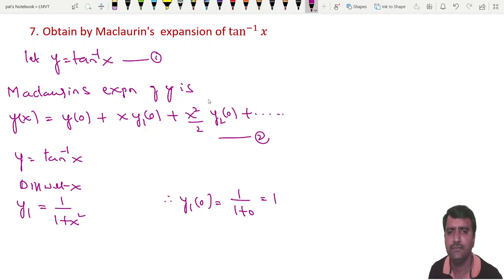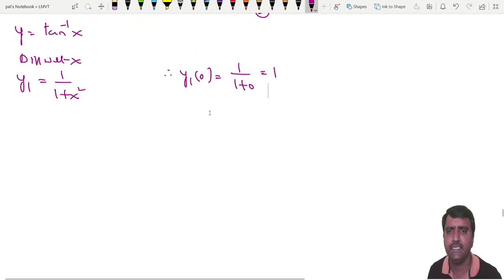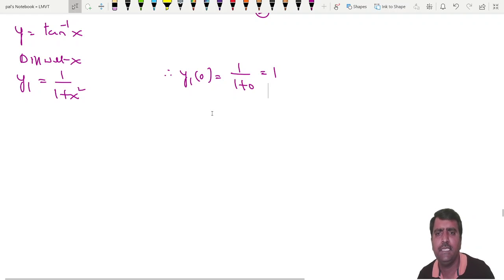Now the next step you write y2. We can easily find y2 also. But instead of doing like this, better you apply nth differentiation for this. If you apply nth differentiation once, from that you can find the differentiation of y of any order.